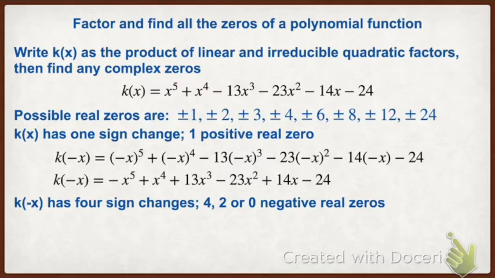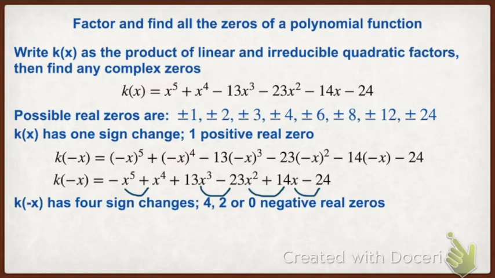And then we look for our sign changes. We have a sign change here, here, here, and here. We have 4 sign changes. Since we have 4 sign changes, we can have 4 real negative zeros. We could have 2 or we could have 0. Remember, we subtract 2 because we could have complex zeros in this solution.